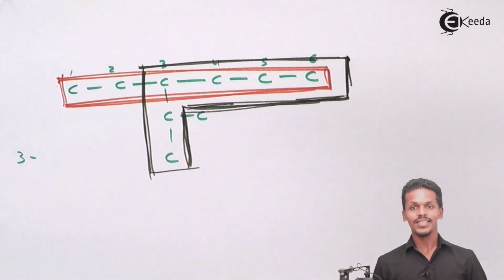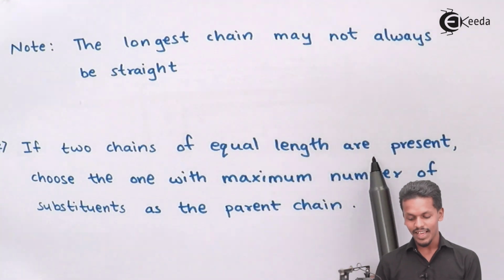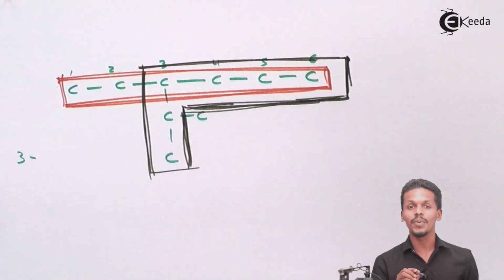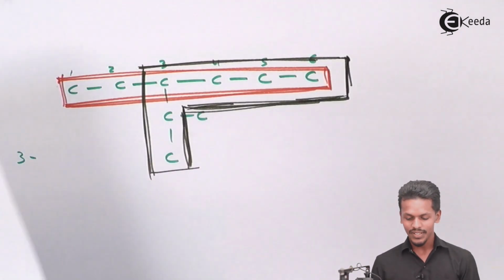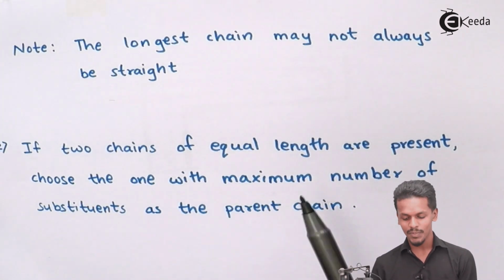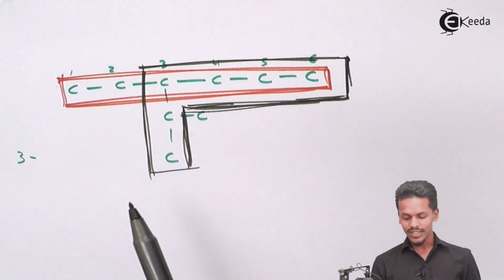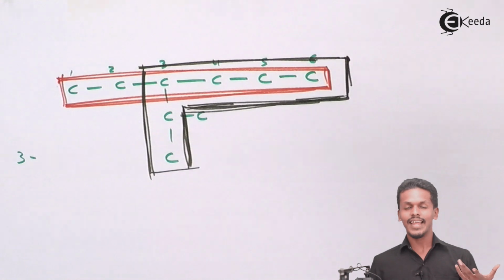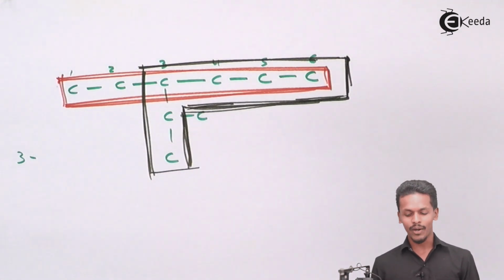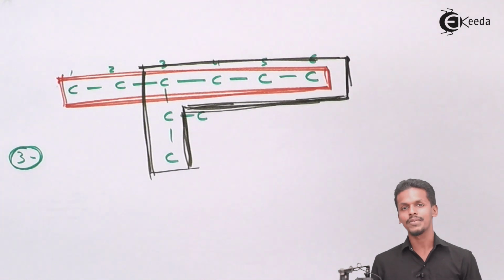According to the second rule, if two chains of equal length are present, in this case the equal length is 6, then choose the one with the maximum number of substituents as the parent chain. In the earlier one, the red line in which the 6 carbons are enclosed, only one substituent was present, or one group attached as a branch.